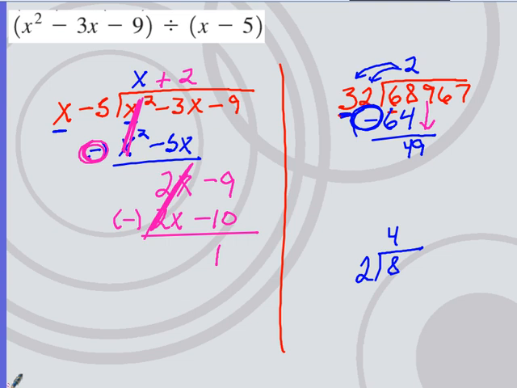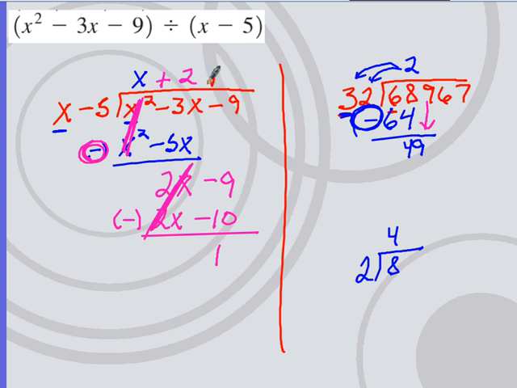And I had so many people, and it kind of made me cry, last year that wanted to put a big R and put a 1 there. Not anymore, guys. That was nice in 3rd, 4th grade, but once we got to 5th and 6th grade, we learned you can take that remainder and you can write it over what you're dividing by. Remember that day.